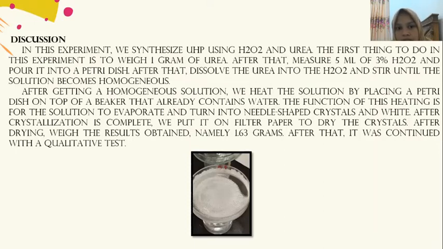After getting a homogeneous solution, we heat it by placing the petri dish on top of a beaker that already contains water. The function of the heating is for the solution to evaporate and turn into needle-shaped, white crystals. After crystallization is complete, we put it on filter paper to dry the crystals.